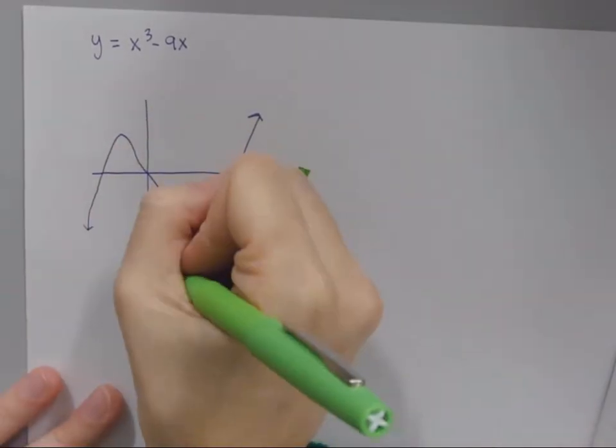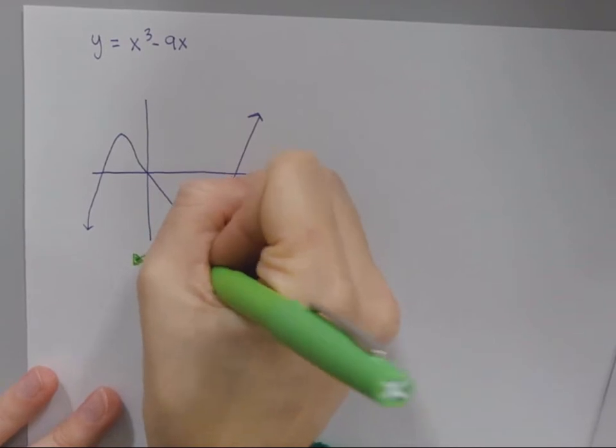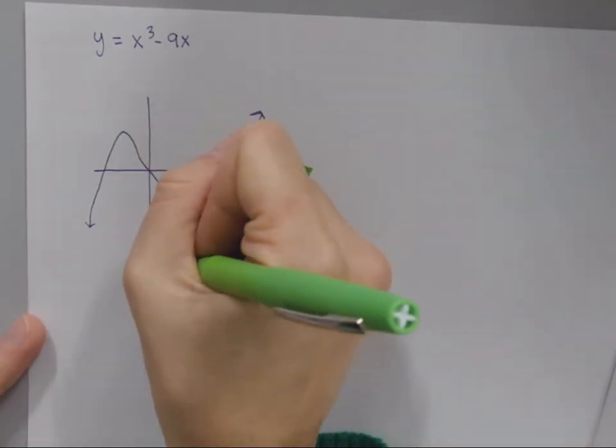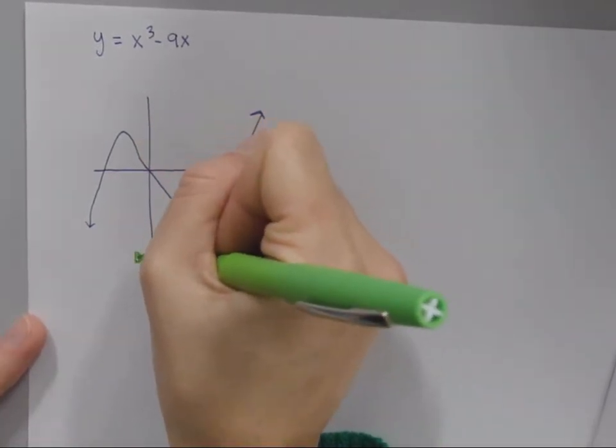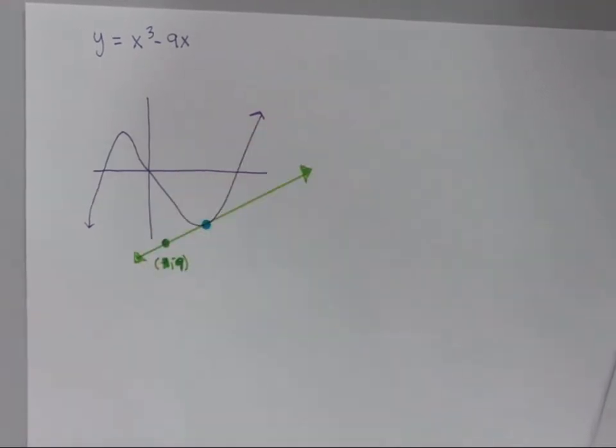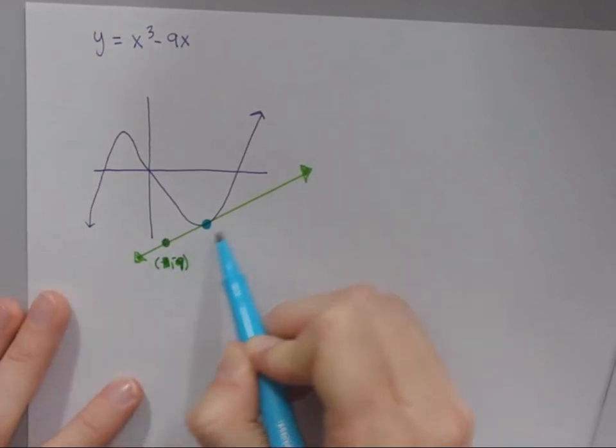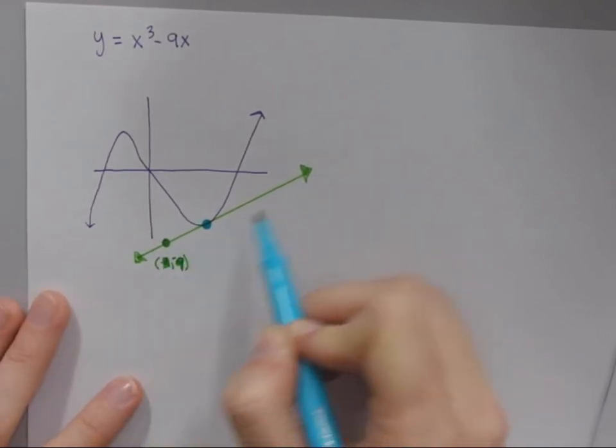So this is the point 1, negative 9. What it wants is for us to write the equation of this tangent line here.